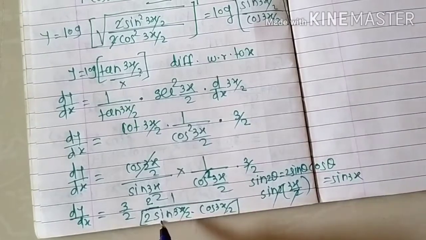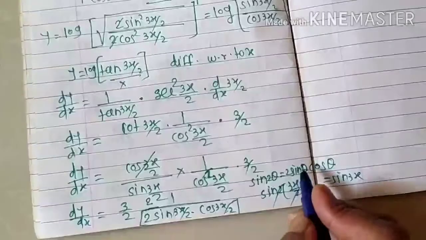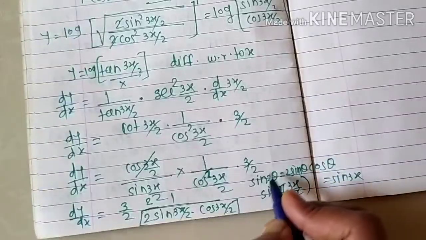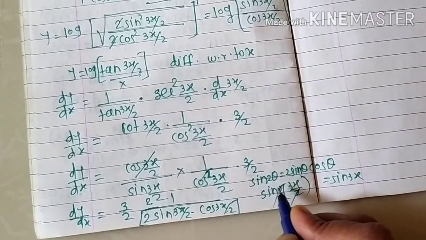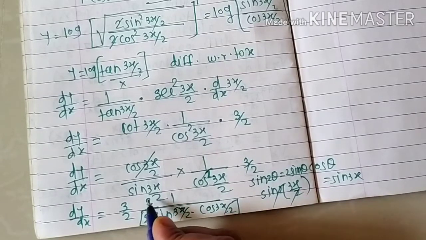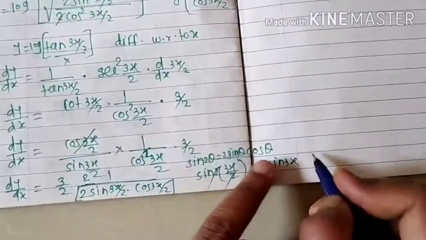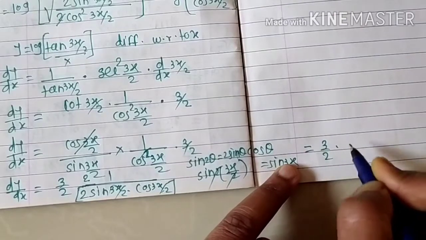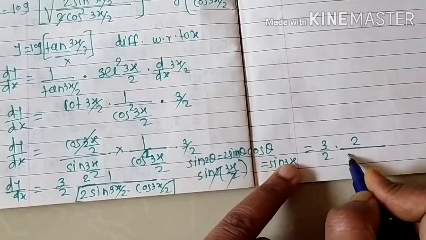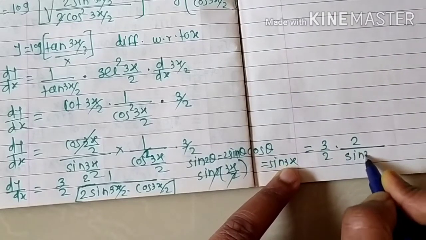That is, sin 2 theta means 2 sin theta cos theta, but theta is 3x by 2. When we substitute 3x by 2, the 2 gets cancelled and sin 3x remains. Then this is equal to 3 by 2 into numerator 2 and denominator sin of 3x.